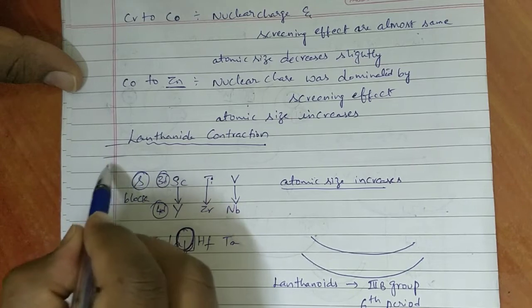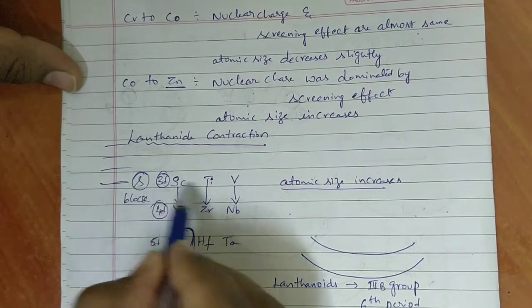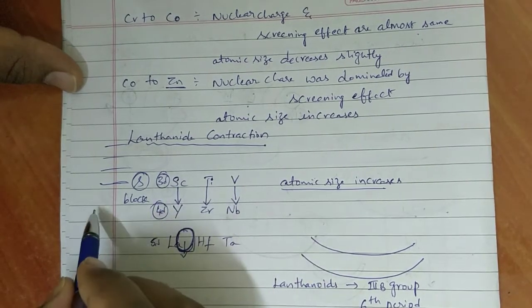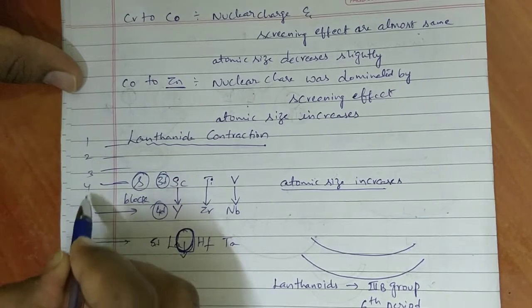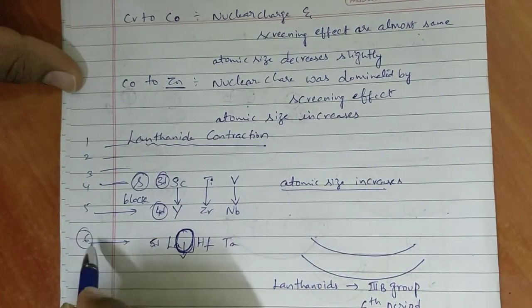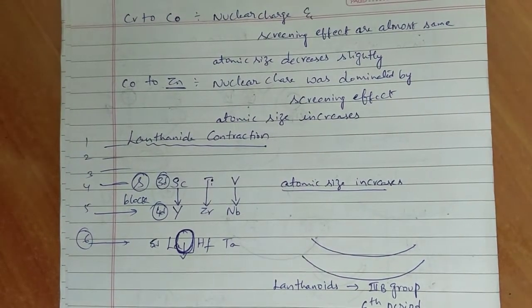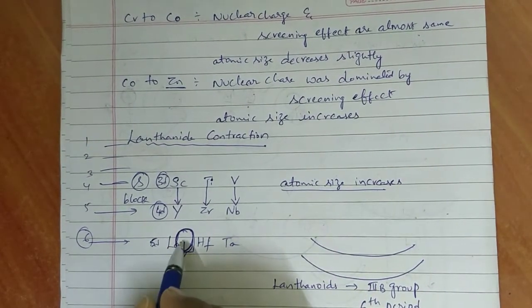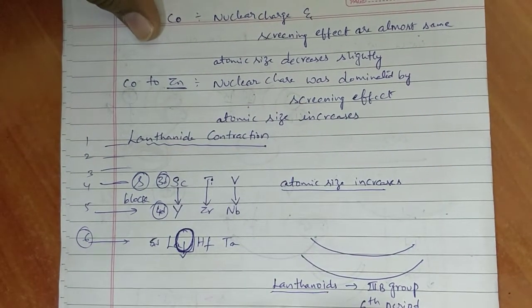Already 1, 2, 3, three periods are completed. Fourth period only D block elements will be started. Fifth, sixth, 1, 2, 3, 4, 5, sixth period. Location of lanthanides, sixth period. They belong to third B here. One more time. Lanthanides are not rows, that means periods.